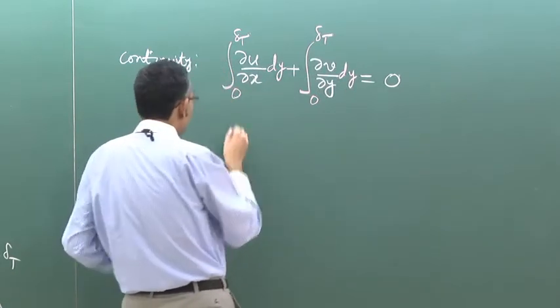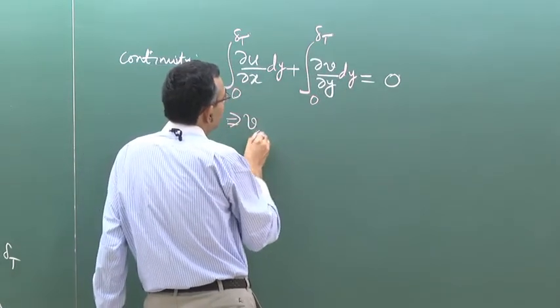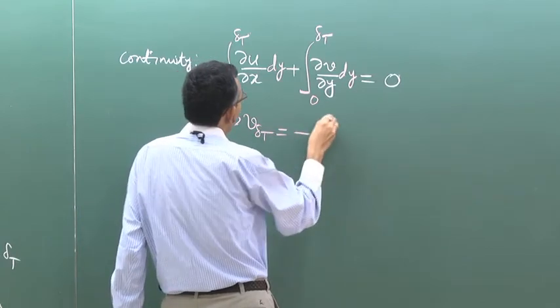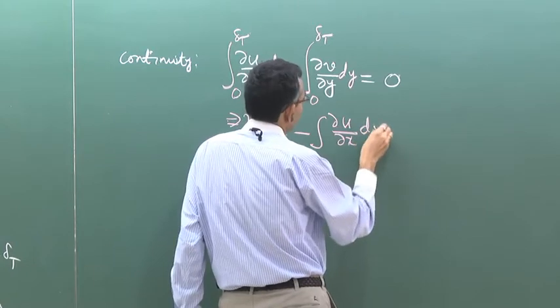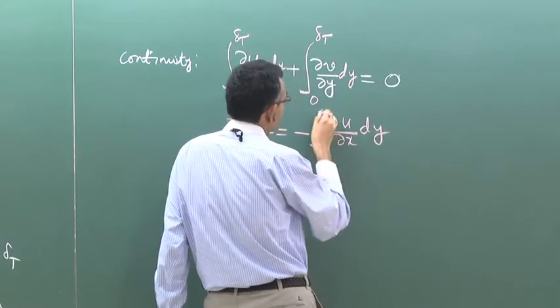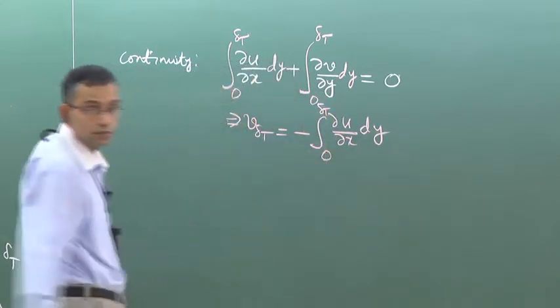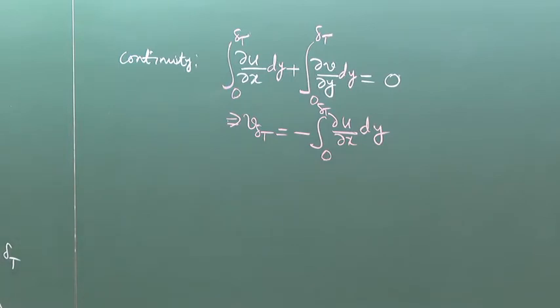So, from here we get V at delta t is equal to minus. What is T at delta t? This is practically T infinity.